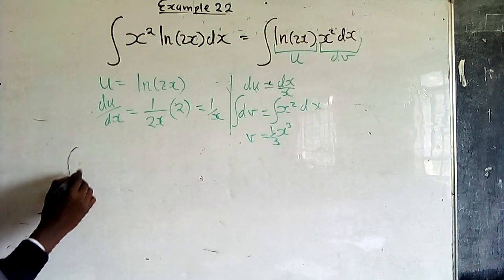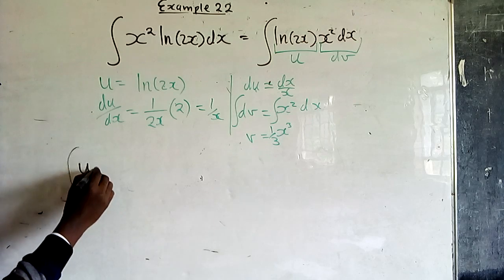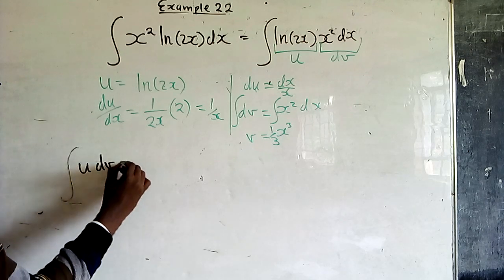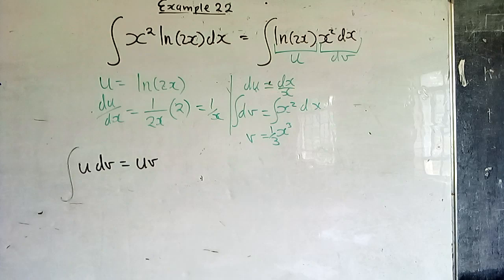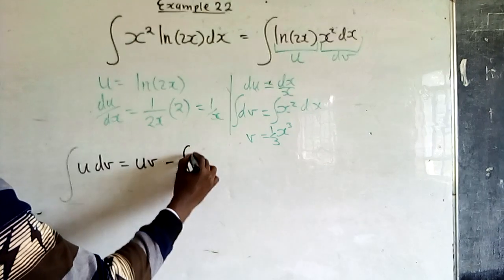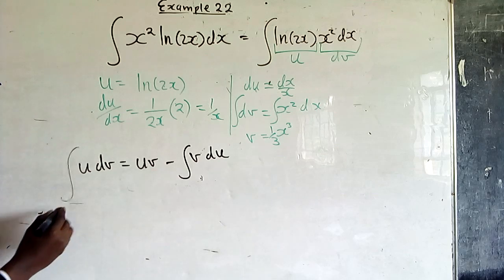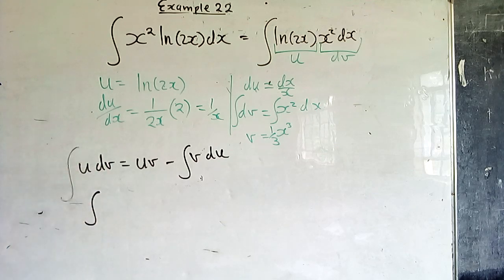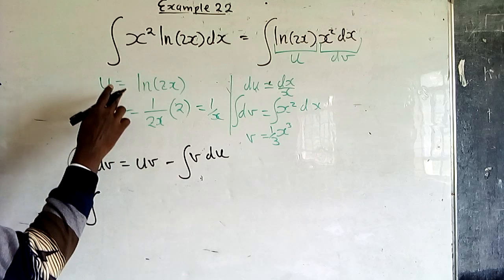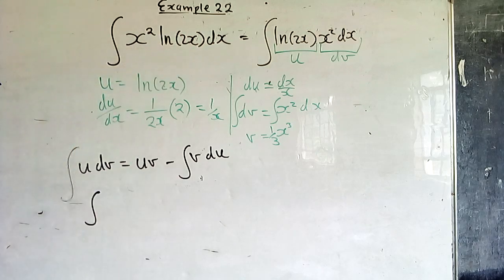Then come back. When you have the integral of u dv by integration by parts, you are supposed to get uv minus the integral of v du. So start substituting. What is u dv? u dv is the original problem, isn't it?